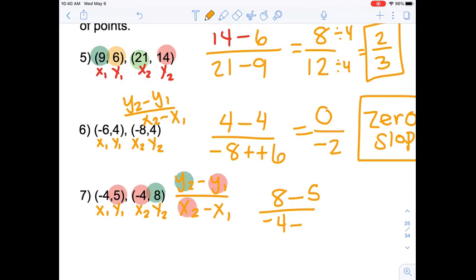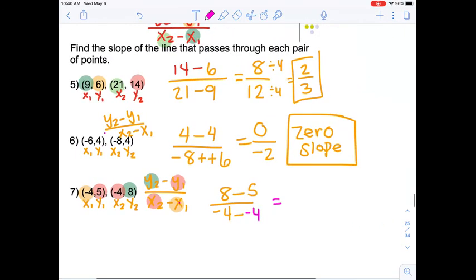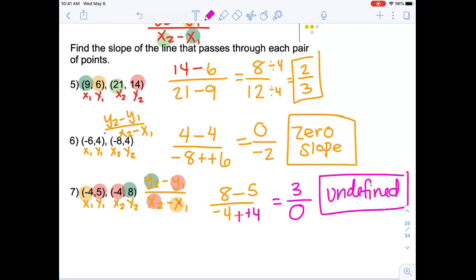And then my x2 is negative 4 minus my x1, x1 is negative 4. And then I'm going to simplify this. 8 minus 5 is 3. Negative 4 minus negative 4, so those turn into a plus, so negative 4 plus 4 is 0. Since my 0 is on the bottom, that is undefined.